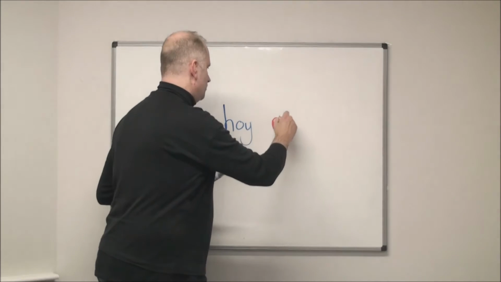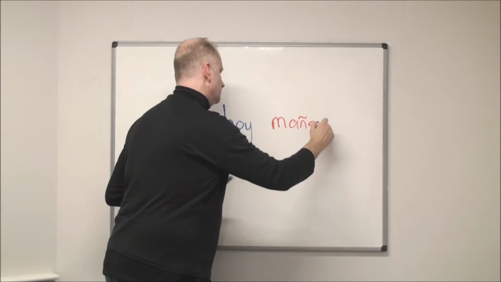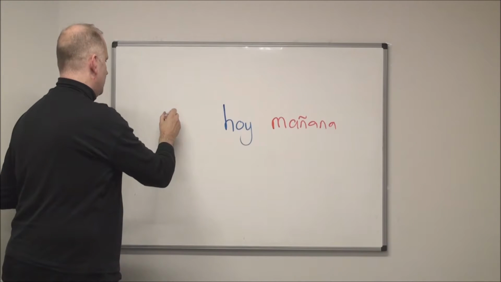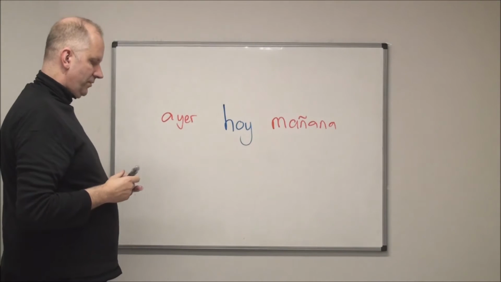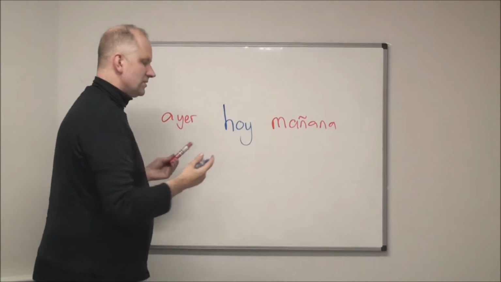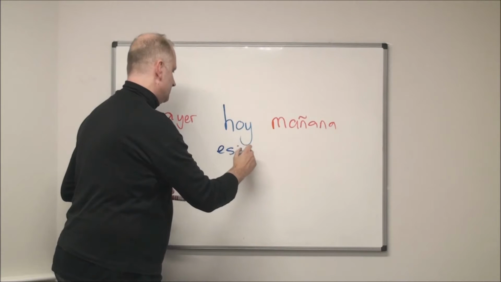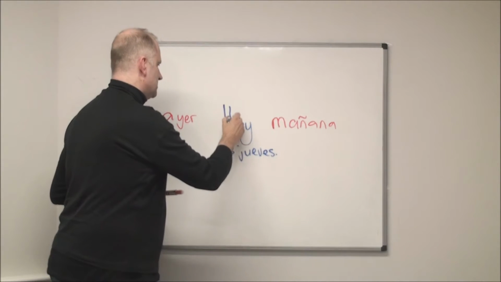Mañana means tomorrow, it also means the morning. Yesterday is ayer. So I could say, for example, today is Thursday, hoy es jueves. Hoy es jueves, so make it into a sentence.